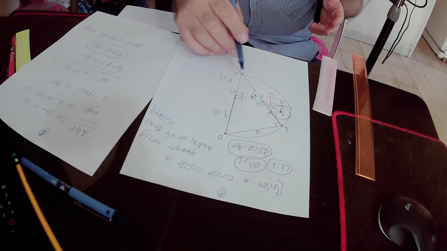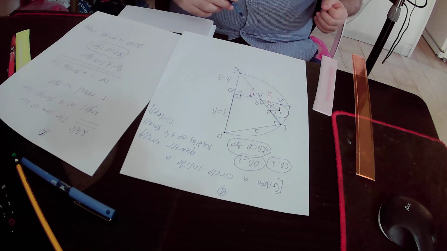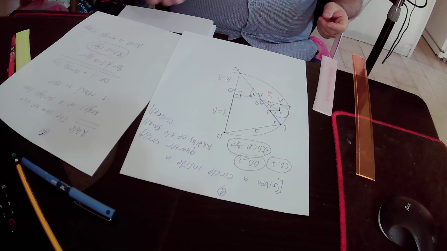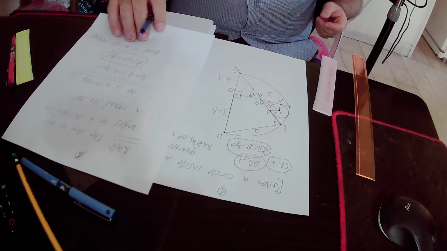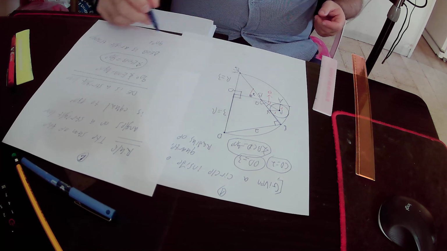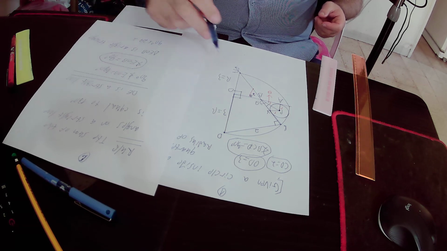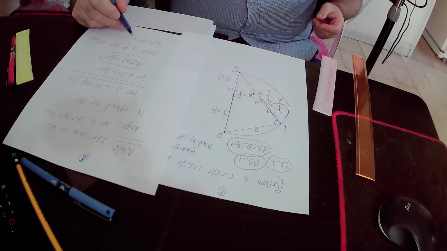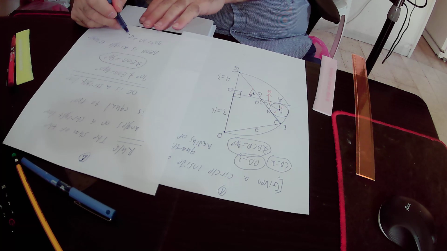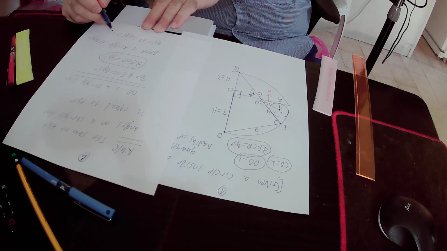So in the right triangle EOB, the sum of the angles is 180 degrees. So 90 degrees plus this angle that is 2 theta plus angle BEO, this angle, must be equal to 180 degrees.